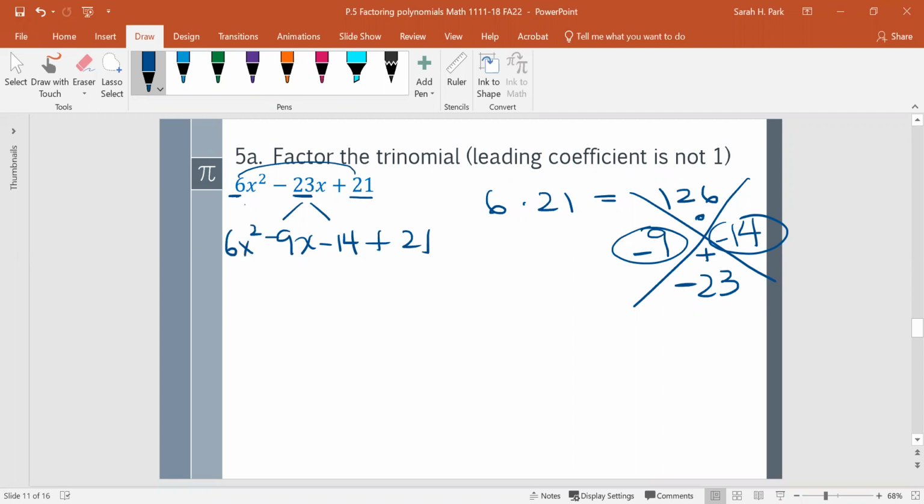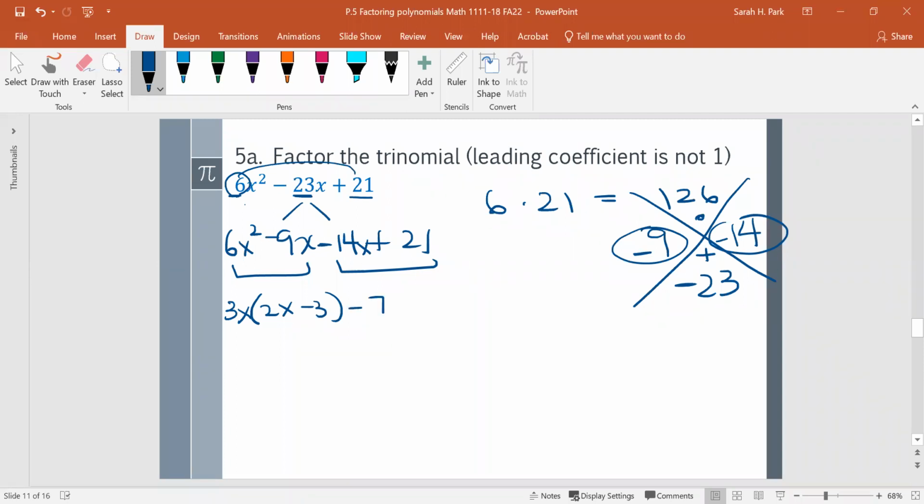Why we do it this way is because it's easier to factor by grouping when you have a leading coefficient that's not 1. And from 6x squared minus 9x, we group them and factor out the greatest common factor, which is 3x. What that does is it leaves us with 2x minus 3. And from, forgot to write the negative 14x there. From negative 14x plus 21, it's a negative.